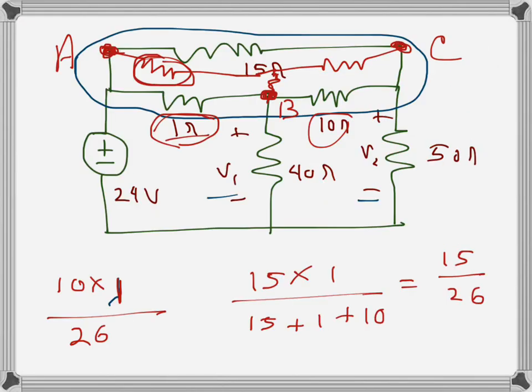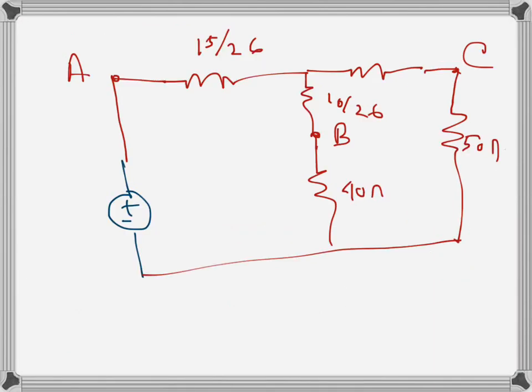And finally at node C, the two resistances connected in delta are 15 ohms and 10 ohms. So 15 times 10 divided by 26 will be the equivalent Y value, so that's 150 over 26. So these are the three resistances.